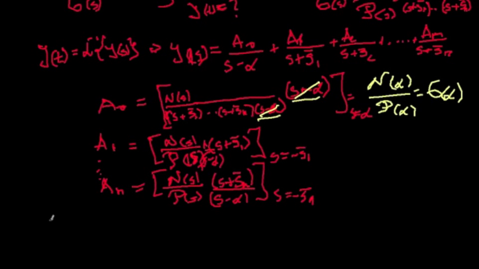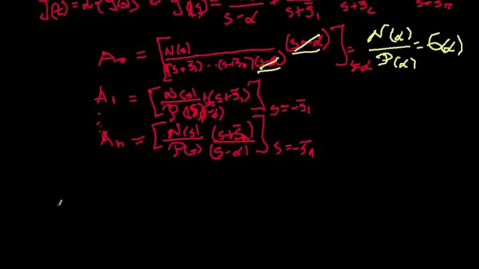Okay. So finally, we obtain an expression that says Y(s) is going to be G at alpha times 1 over s minus alpha plus a1 over s plus s1 and plus all these other terms plus an over s plus sn.